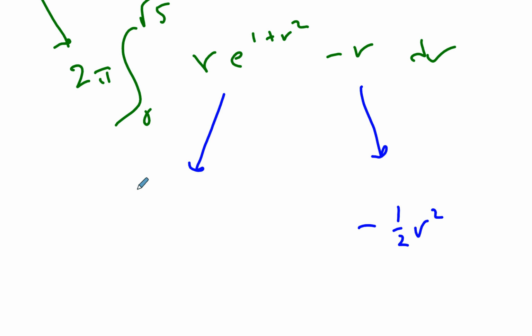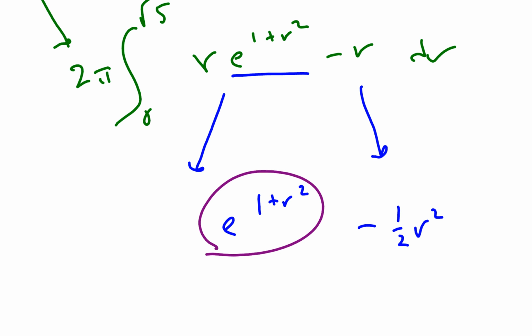This is the one where you really have to think carefully about it. But what you realize is that the antiderivative of e to the something is always e to that exponent. And what I like to do is think, okay, if I took the derivative of this thing, what would I get? I would get e to the 1 plus r squared and then times 2r because of the chain rule. We multiply by the derivative of the exponent. And what you'll notice is up here, we have the r, but we're missing the 2.